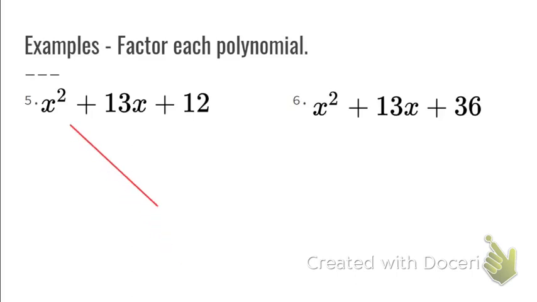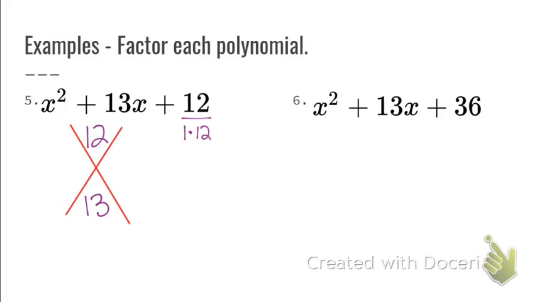On number 5, we are multiplying to 12 and adding up to 13. Some of you might be able to think of that factor pair right away. If not, look through your list.